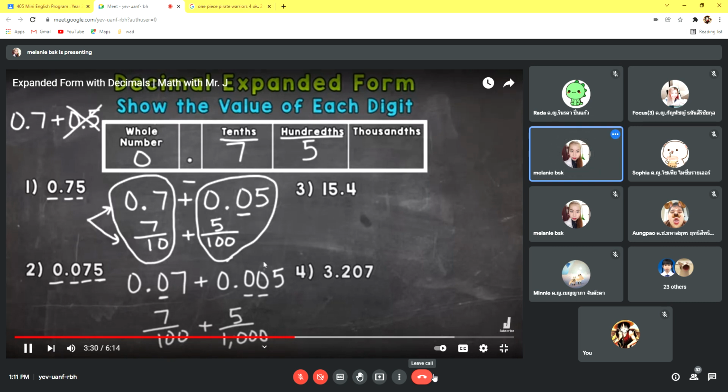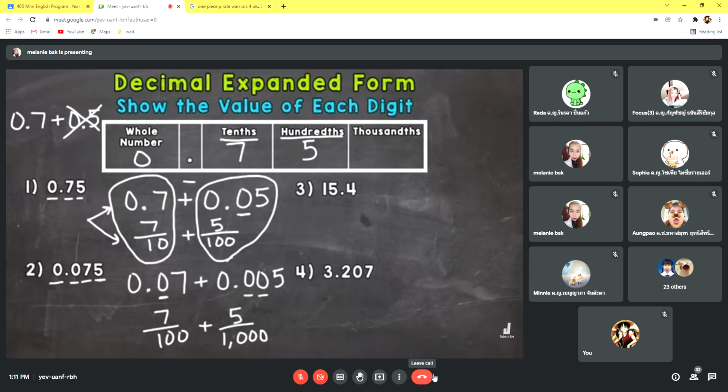Whole number and a decimal. For number 3, we have 15 and 4 tenths. Let's put the whole number in expanded form first. Start with the greatest value digit, the digit furthest to the left, and that happens to be this 1. What is the value of that 1? It has a value of 10.